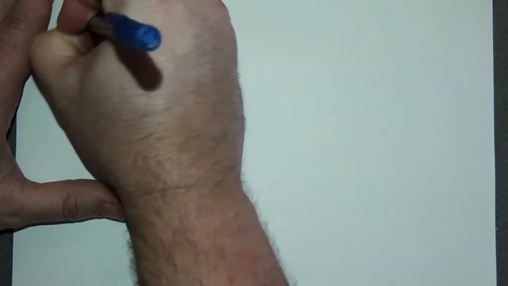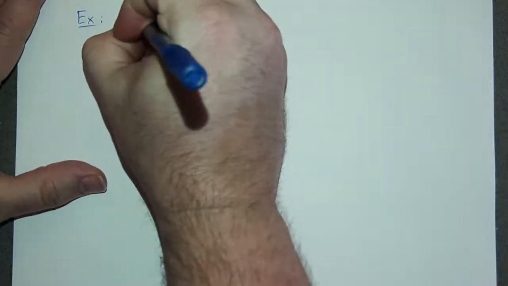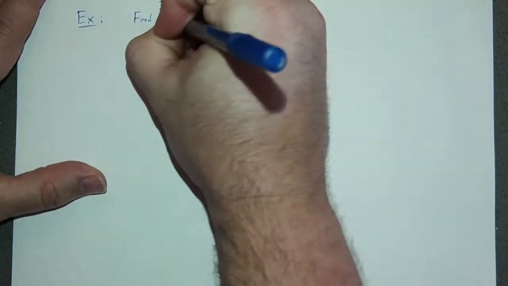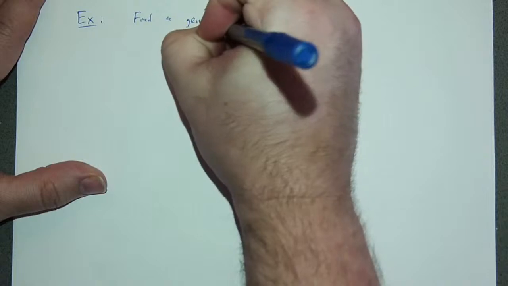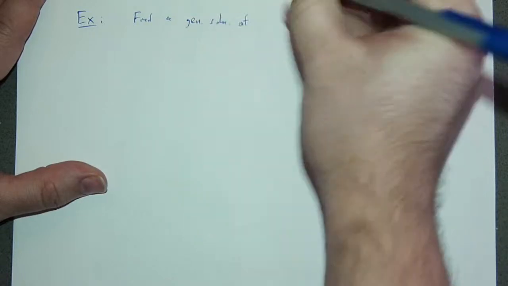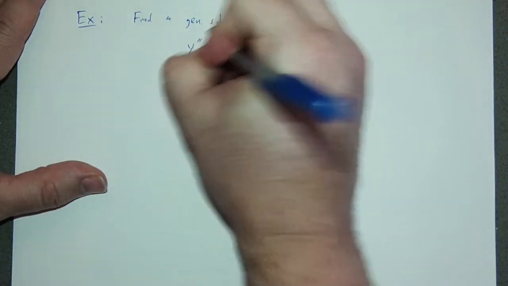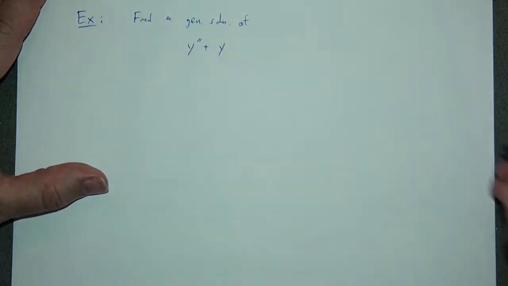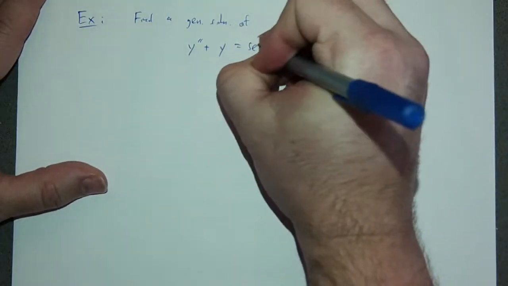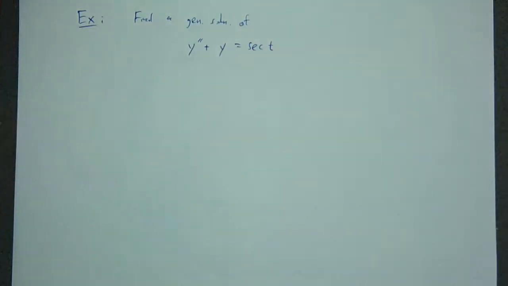So here's an example. Find a general solution of the equation y double prime plus y is equal to secant of t.